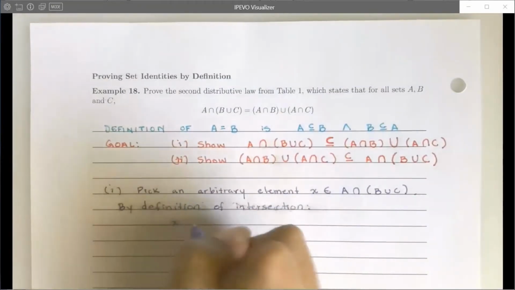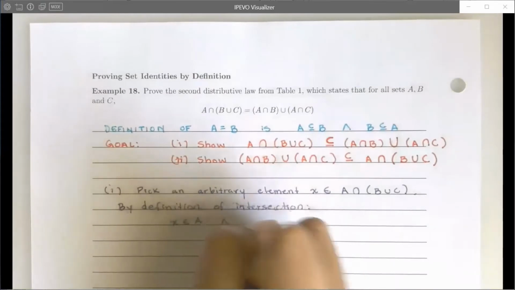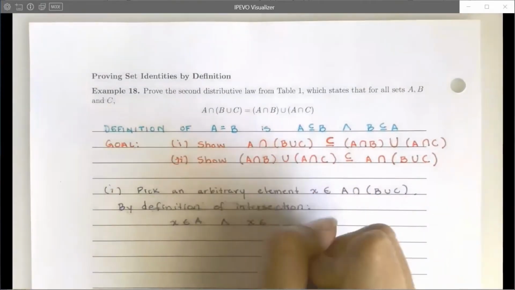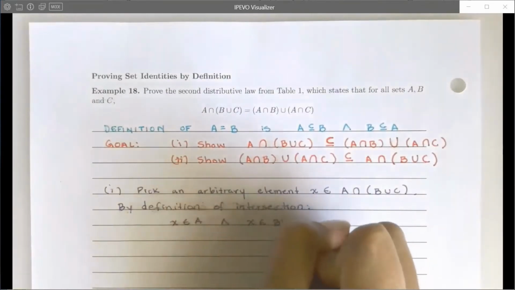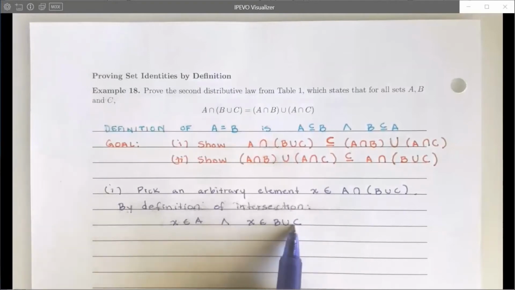That means that x has to be in both A and it has to be in this set, B union C. Furthermore, by the definition of union, if x is in B union C, that means that x has to be in B or x has to be in C.